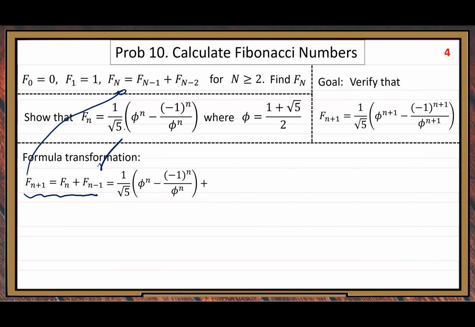Then to write the Fn plus Fn minus 1, we can write in this form. Do you know why we can write in this form? Remember our induction assumption in the previous slide: when k belongs to the closed interval, we have that formula, right?